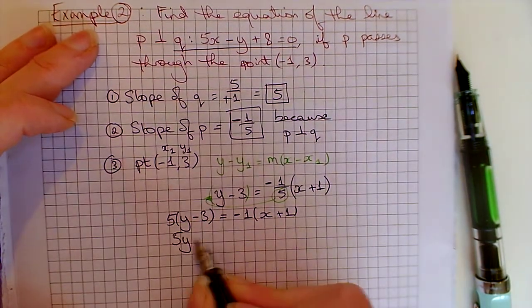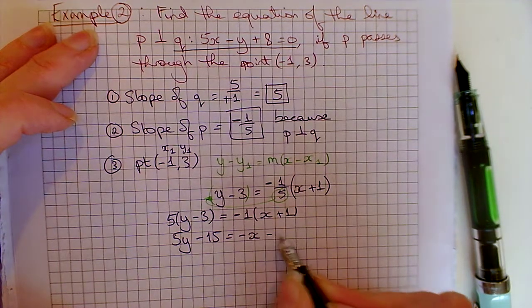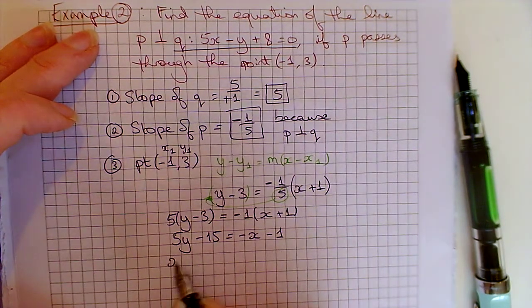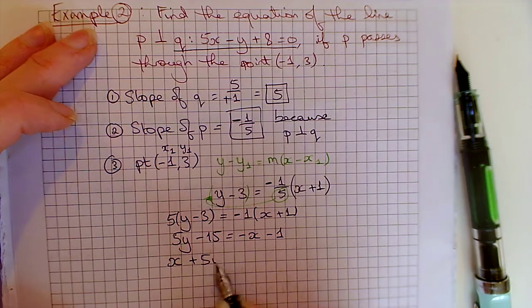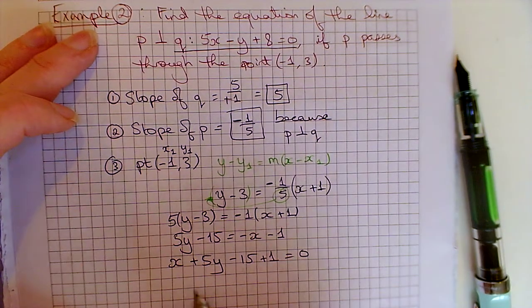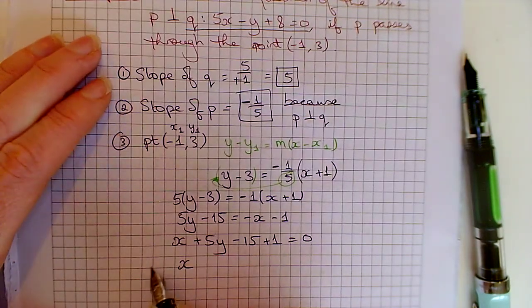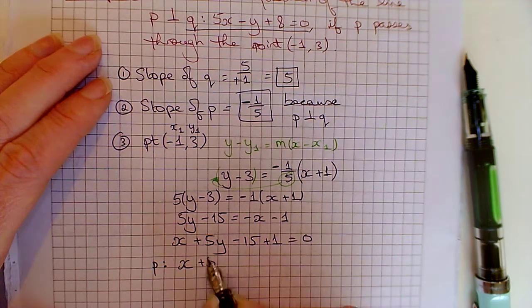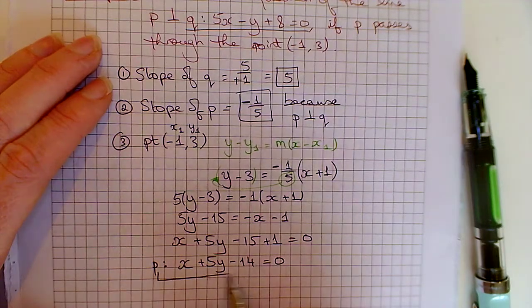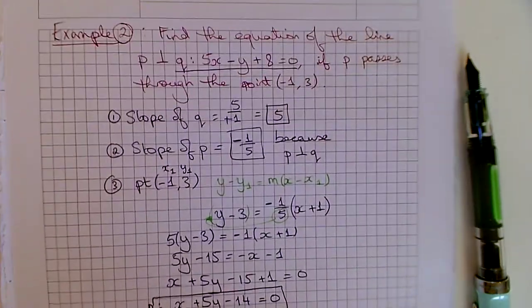Multiply everything out. 5y minus 15 is minus x minus 1, and bring everything to one side. The x comes over and becomes positive, and the 1 comes over and also becomes positive. Tidy it up. My line P is x plus 5y minus 14 equal to 0. And there's the equation of the line.